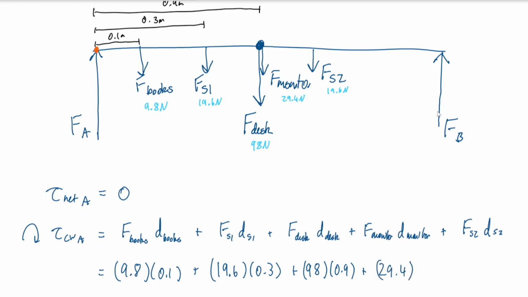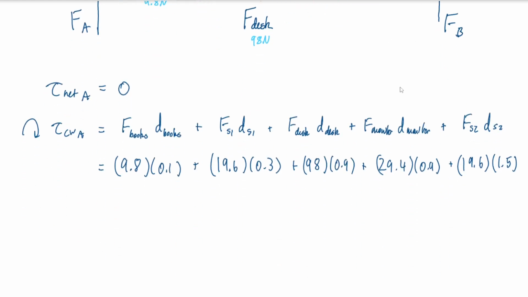Distance was also 0.9. Weight of the speaker, 19.6, but this distance was 1.5. Right, so we have 1, 2, 3, 4, 5 torques created by the 5 weight forces acting on the desk, including the weight of the desk itself.